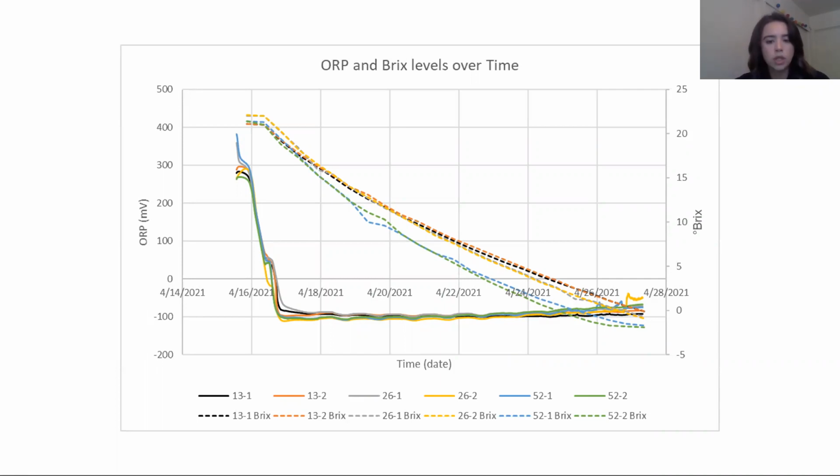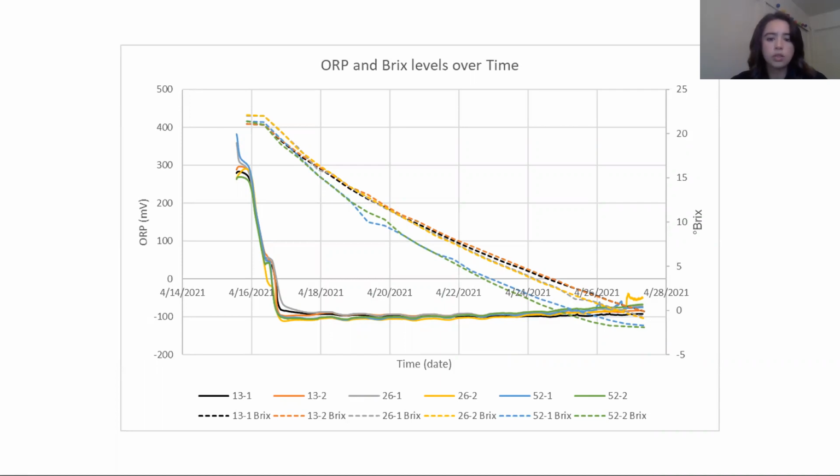-100. And this is interesting, especially because they all reach this level, and it's not a stepwise increase based on the amount of nitrogen. We see the ones at 52 milligrams per liter finish slightly sooner than the others. However, these are still 11 to 12 day fermentations, with the other ones finishing on day 13.